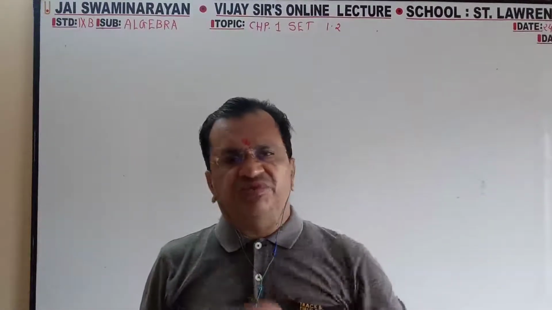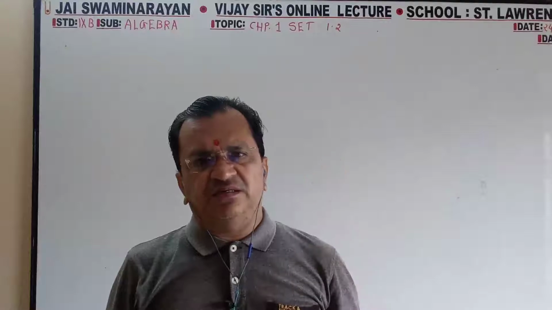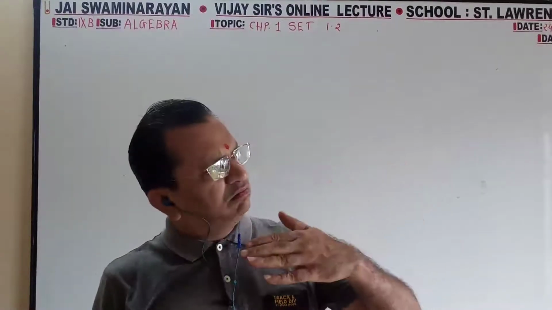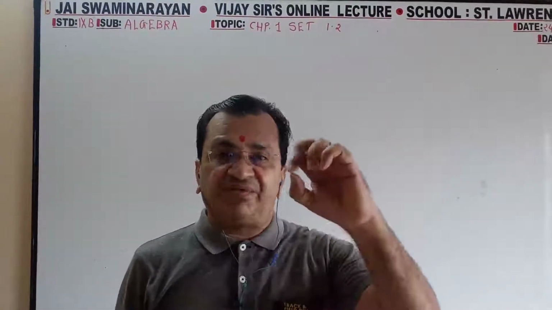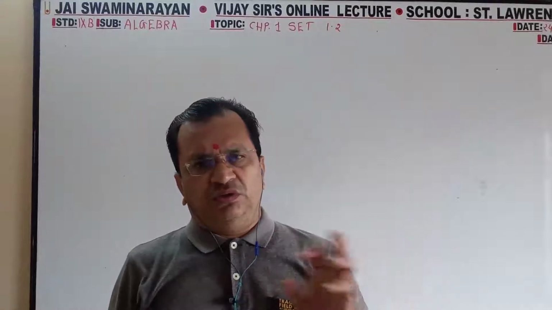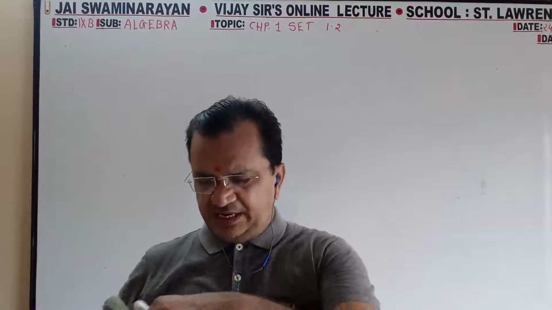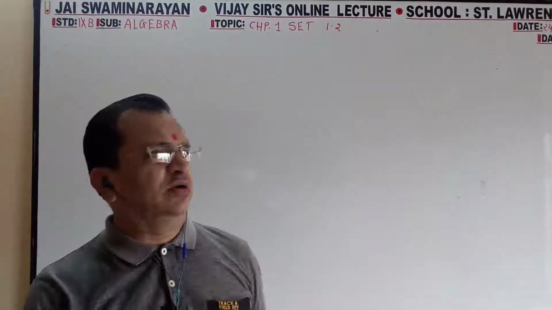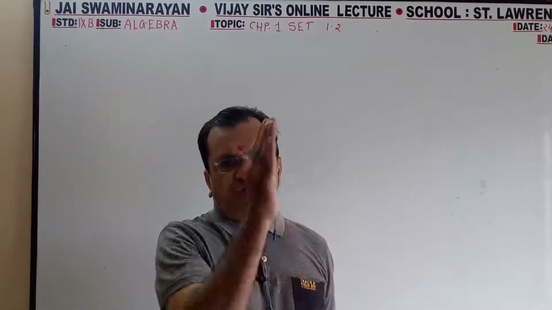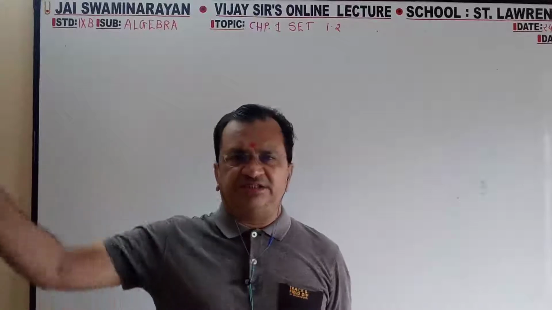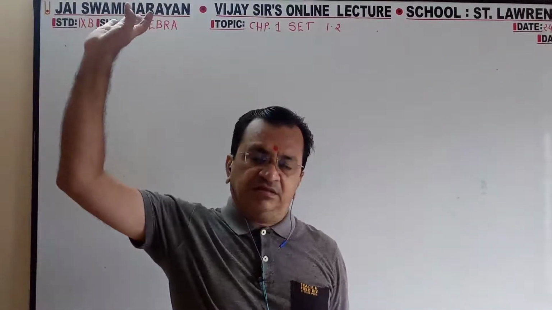So the numbers which are countable are finite, and which are not countable, unlimited, are infinite. They will ask this small question from each and every topic, so be careful where you write. For example, natural numbers: 1, 2, 3, 4, 5, 6, unlimited, infinite.